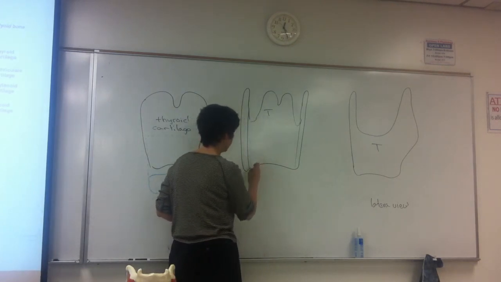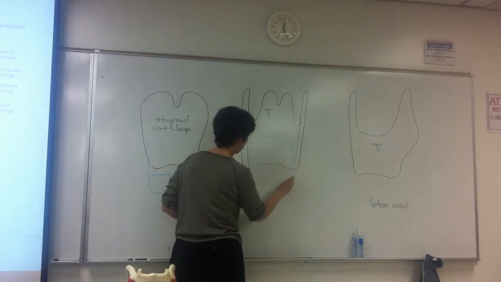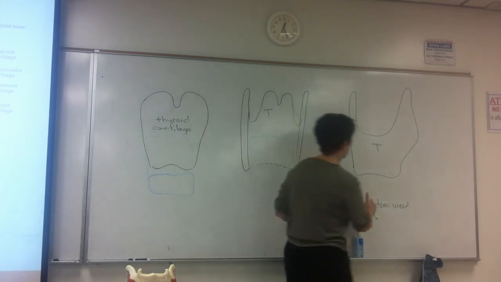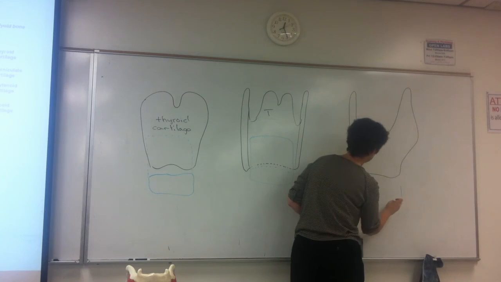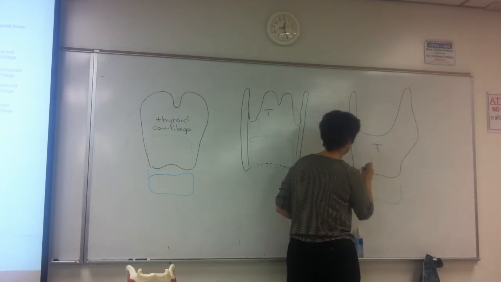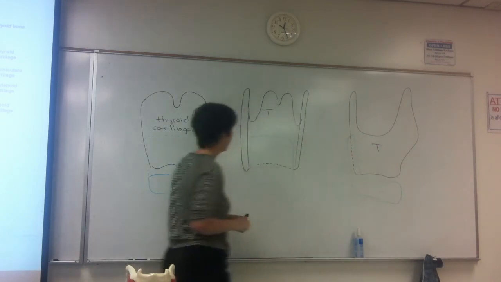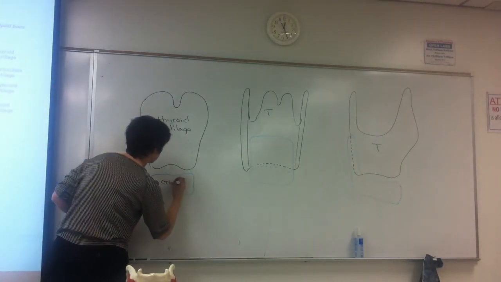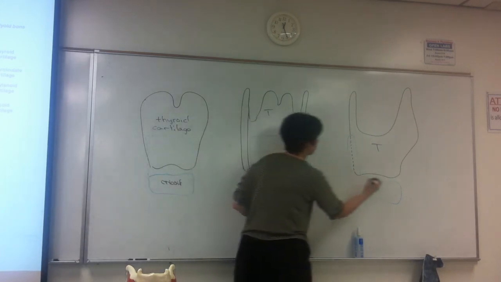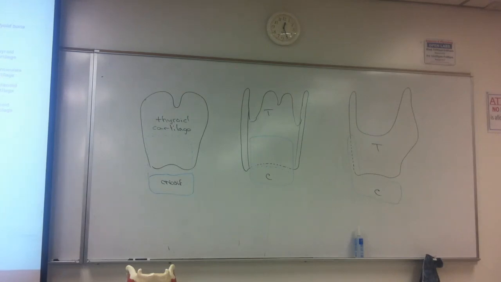So it fills in this space, but it's narrow anteriorly, in that fashion. Okay, so that's cricoid cartilage, and that would be this one right here.